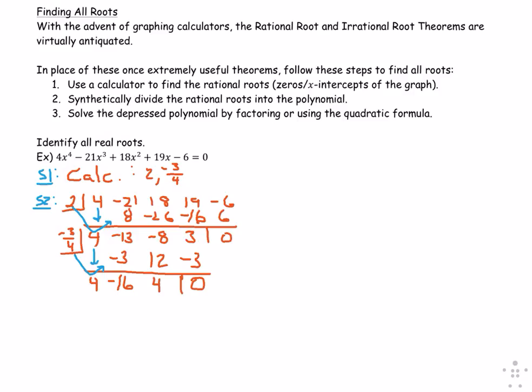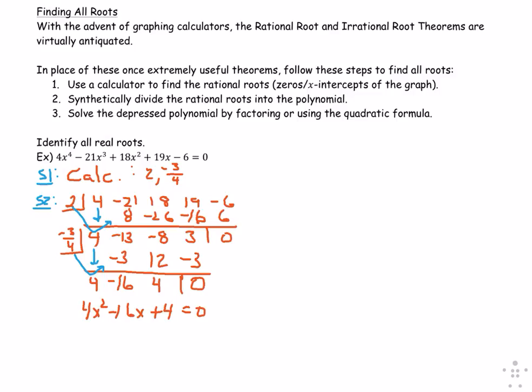Again, knowing I should get a remainder of 0, so I haven't made any arithmetic mistakes. That's a good check. And so now, because I've divided out 2 factors of x from a quartic polynomial, I have arrived at 4x squared minus 16x plus 4. And now that's equal to 0.